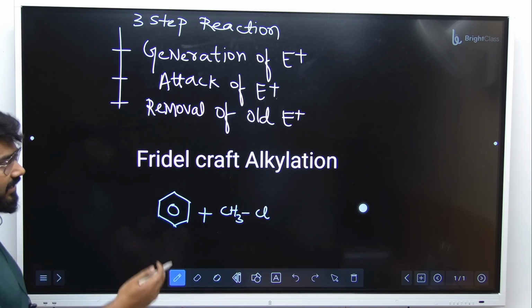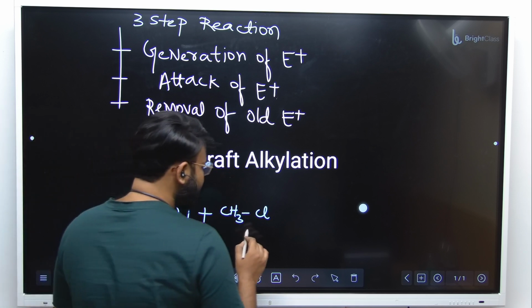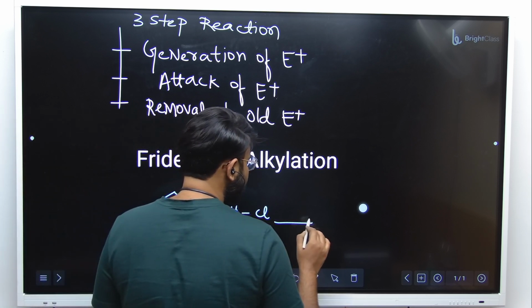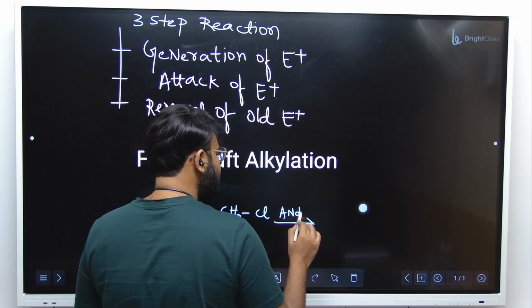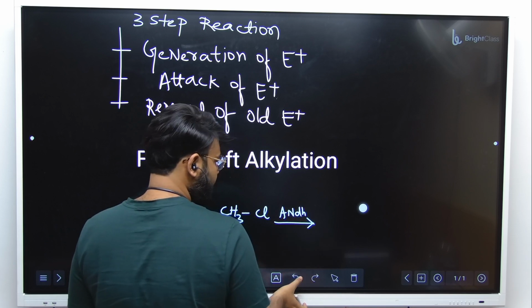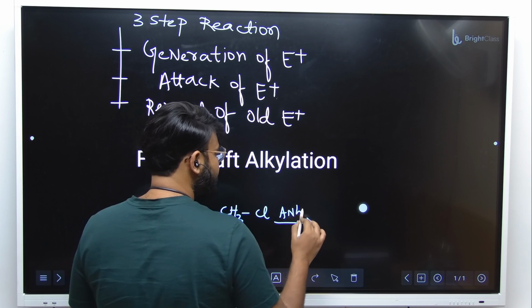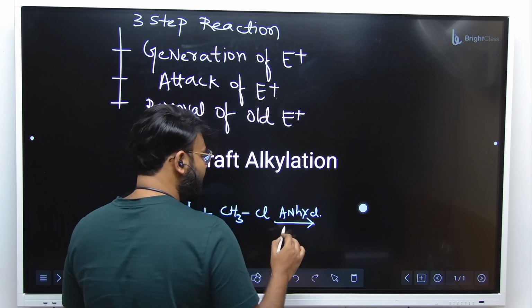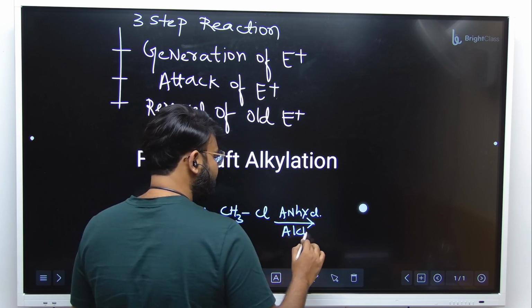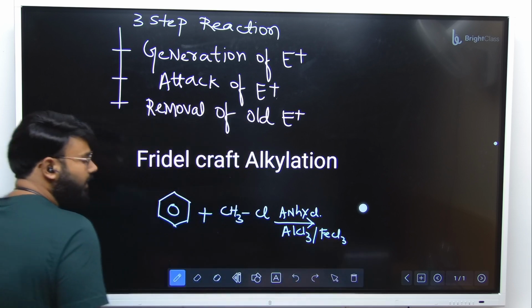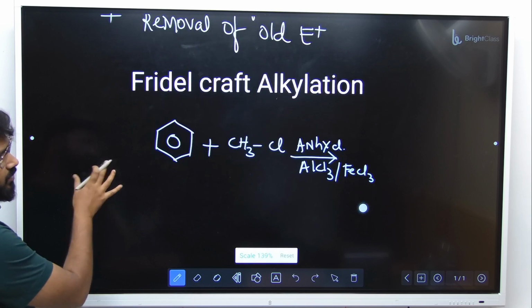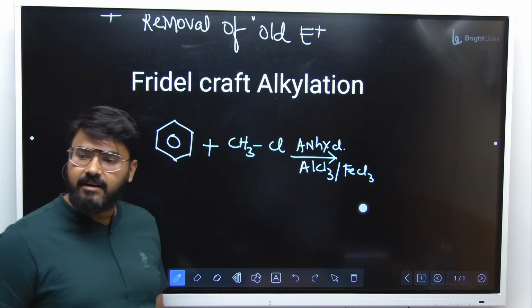That's alkylation. In the presence of anhydrous AlCl3, or you can also use FeCl3. You can use either. Now question is, what does it represent?